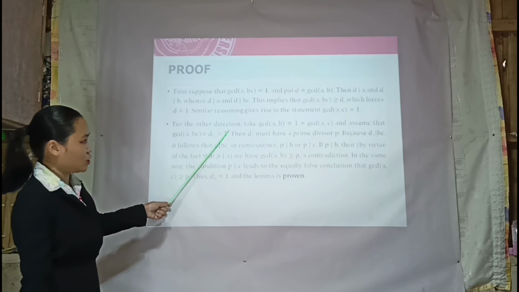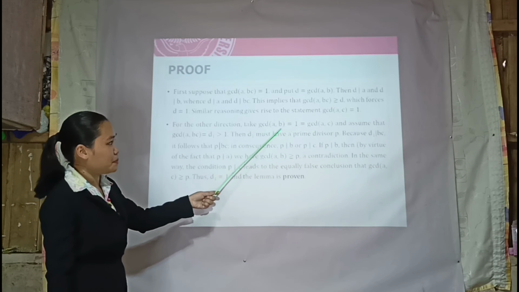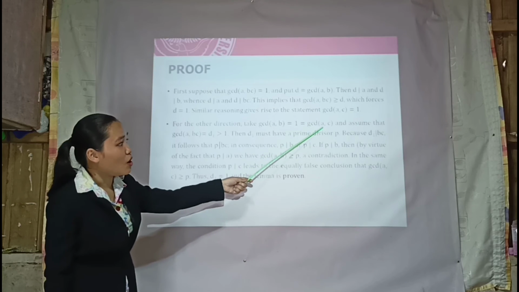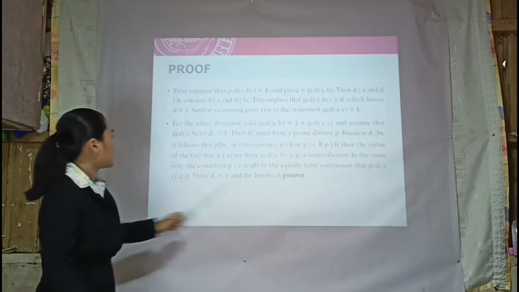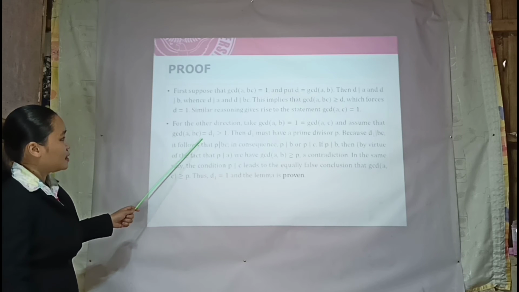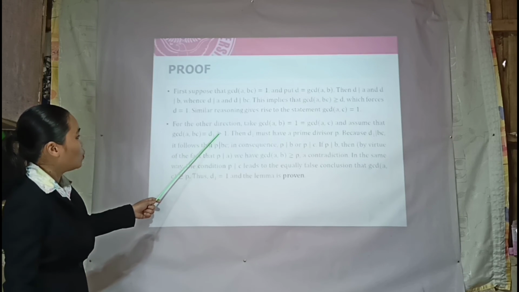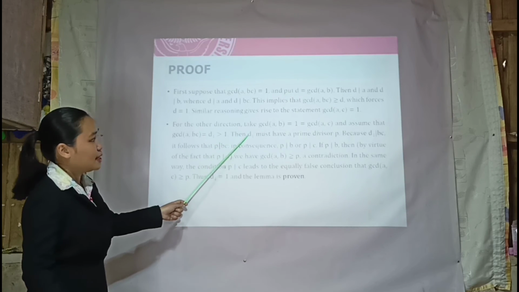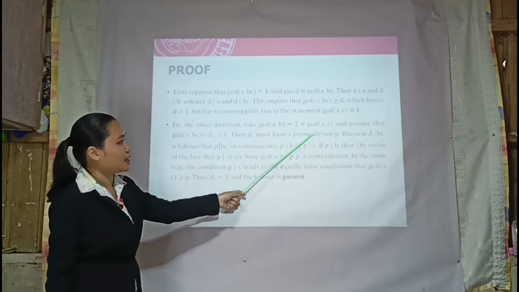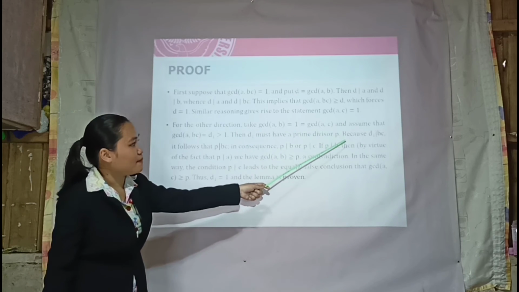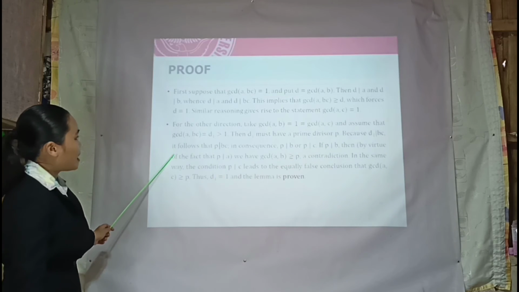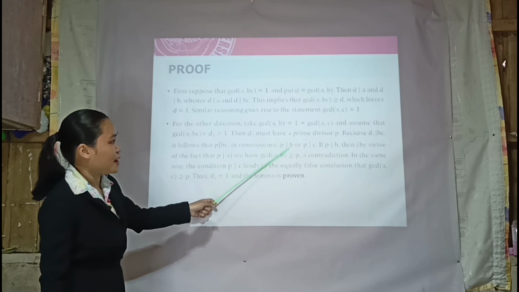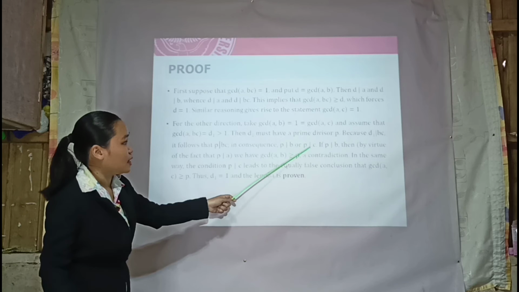So, for the other direction, take the GCD of a and b equal to 1, and 1 equal to the GCD of a and c, and assume that the GCD of a and bc is equal to d sub 1, where d sub 1 is greater than 1. Then d sub 1 must have a prime divisor p, because d sub 1 divides bc. It follows that p divides bc, in consequence p divides b or p divides c.